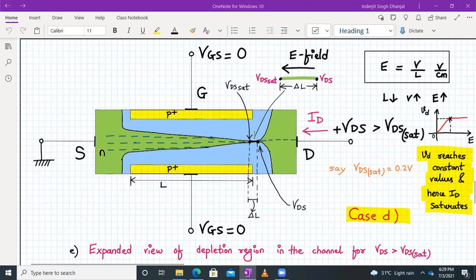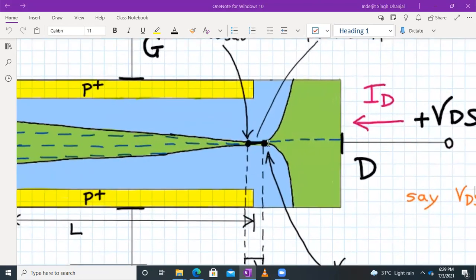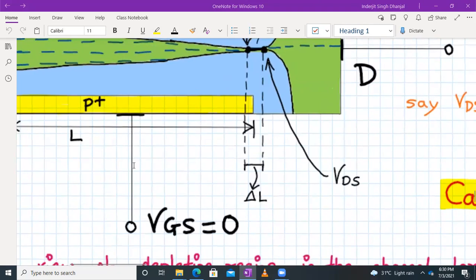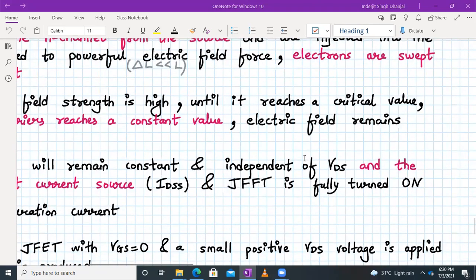This is the expanded view of the depletion region in the channel for VDS voltages greater than VDS sat. We observe over here that the N channel and the drain side are now separated by a depletion region of length delta L. So as you can see, the channel over here has reduced, and earlier it was L. This was the channel, but just wait a second.